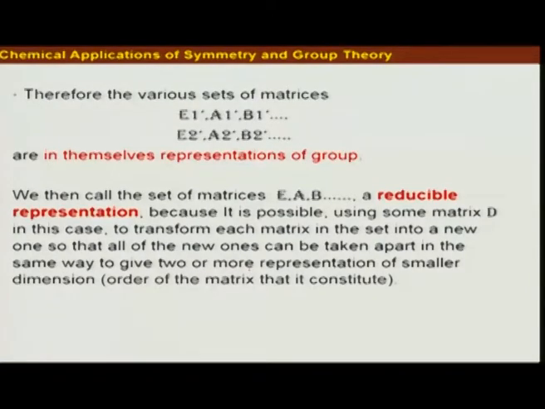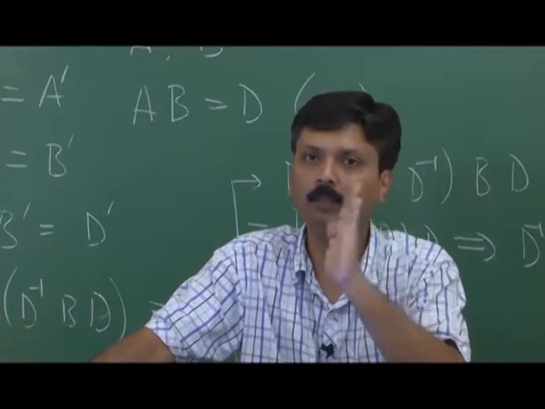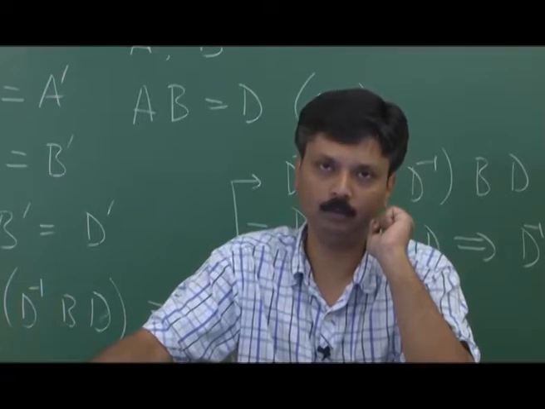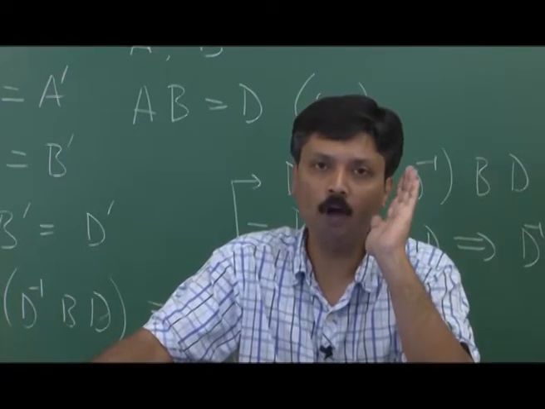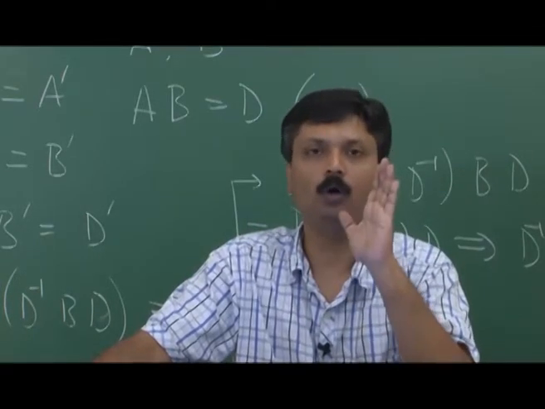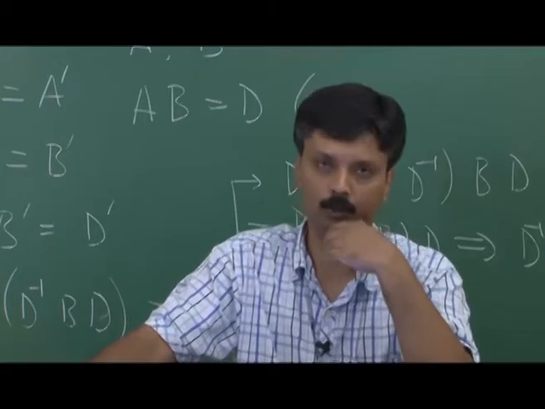So I get these newly formed representations in terms of A prime or B prime or C prime, all these things form the representation of the group. We just saw that. Now once we see that it is possible to take a representation like A, B, C that we started with, and then by doing some similarity transformation, if possible, we can block factor all these matrices, and those also act as the representation of the group.